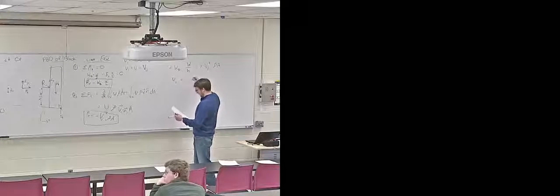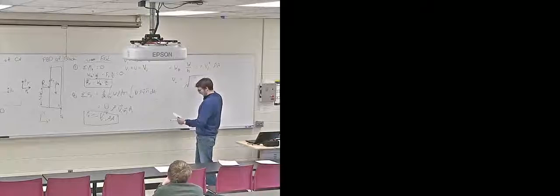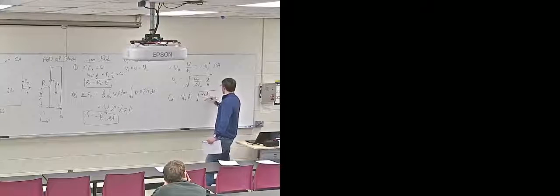What we end up getting is that Vj is equal to the square root of the weight of the block over area of jet times W over H. So then Q is equal to Vj Aj, which is equal to the square root of WB Aj over rho W over H.